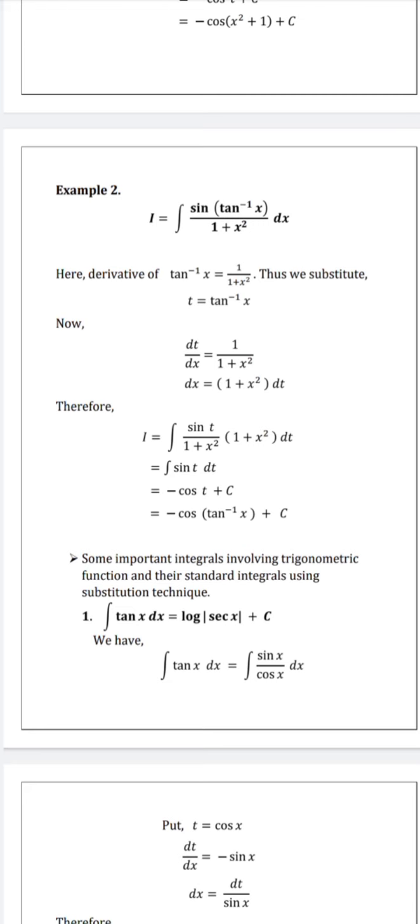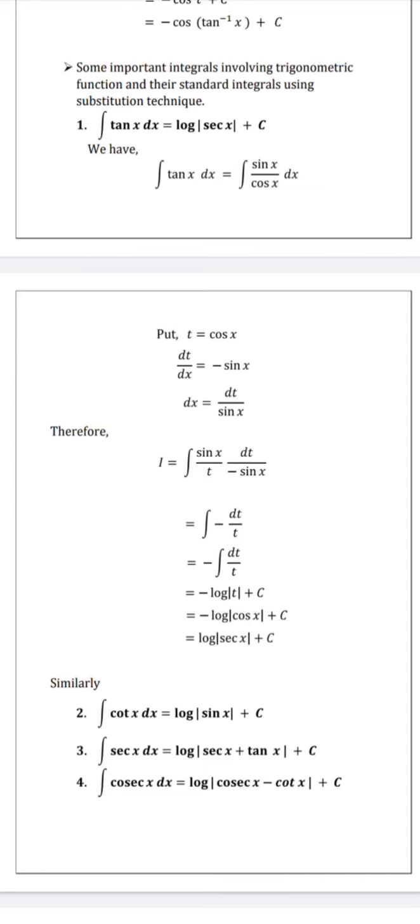Therefore, the initial function is transformed in such a way: I equals integration of sin t by 1 plus x square into 1 plus x square into dt. Then we get I equals integration of sin t dt. As we know that integration of sin is minus cos, so the integration of sin t is minus cos t plus c. Now we put the value of t and we get minus cos(tan inverse x) plus c.